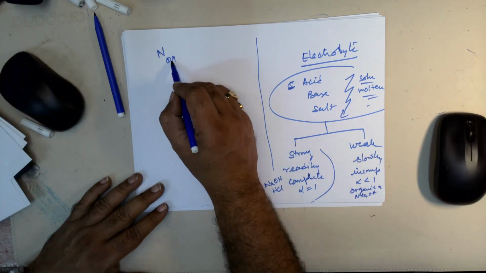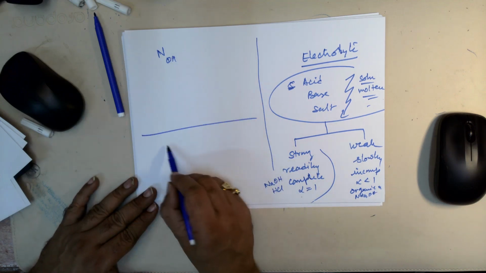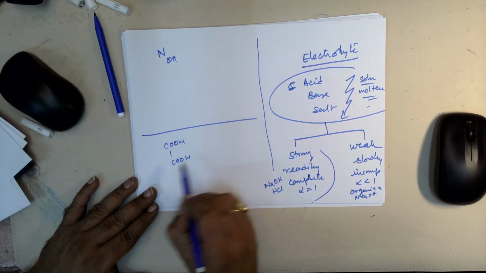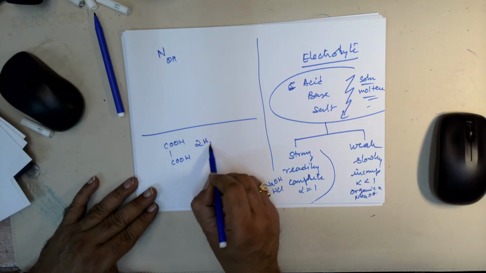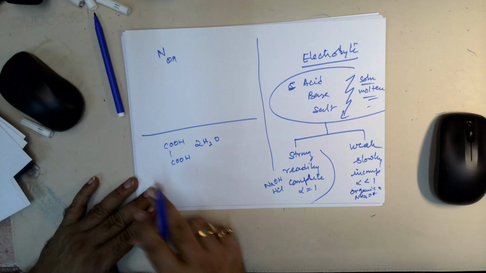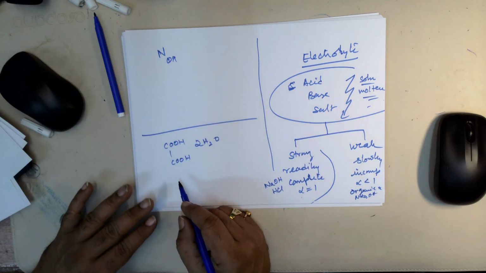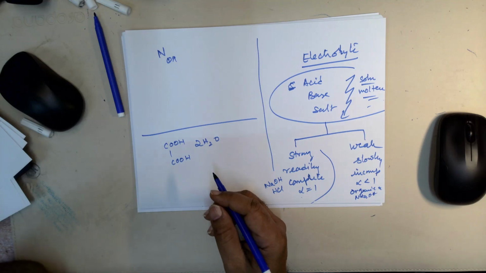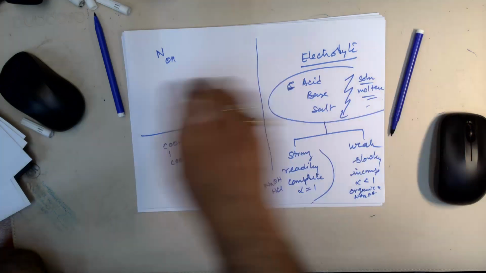Let me consider oxalic acid. Its formula is COOH, COOH. But it is available as a dihydrate, so you can say oxalic acid dihydrate. Now, what is the molecular weight of this? Can you calculate?